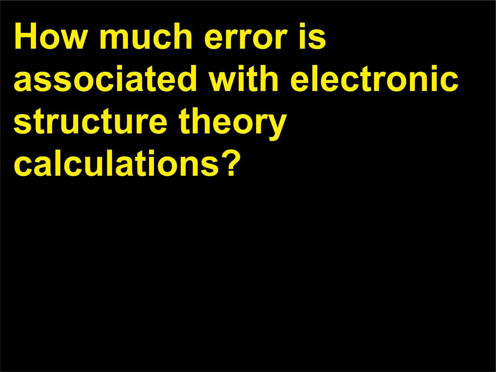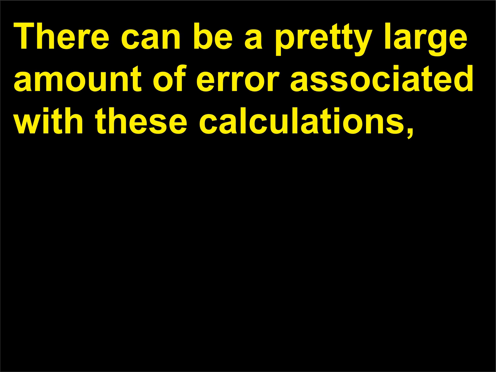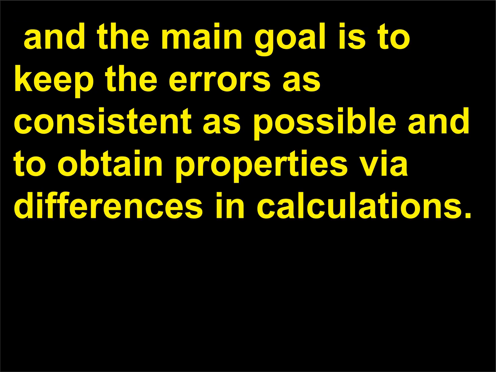How much error is associated with electronic structure theory calculations? There can be a pretty large amount of error associated with these calculations. And the main goal is to keep the errors as consistent as possible and to obtain properties via differences in calculations.